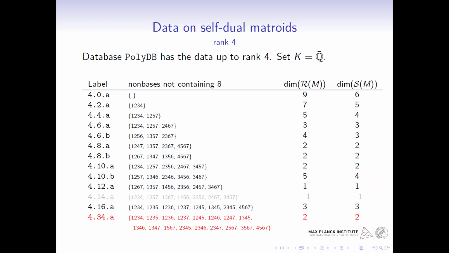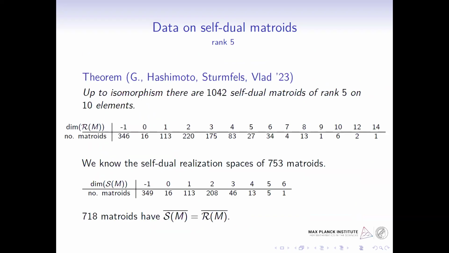So what we did instead is we constructed the list of only the self-dual matroids of rank 5 on 10 elements by using the database for rank 5 on 9 elements, okay? Which exists on PolyDB. And from that, we built the self-dual matroids of rank 5 on 10 elements, and there are 1,042 of these.